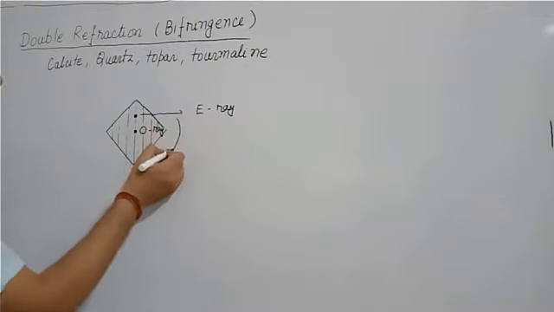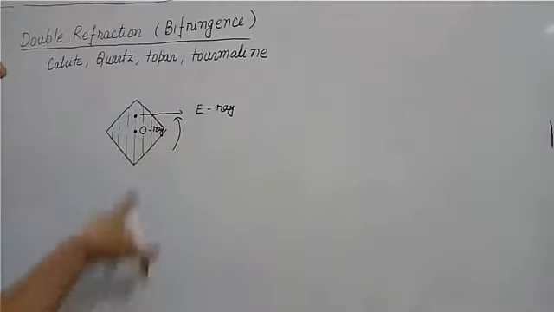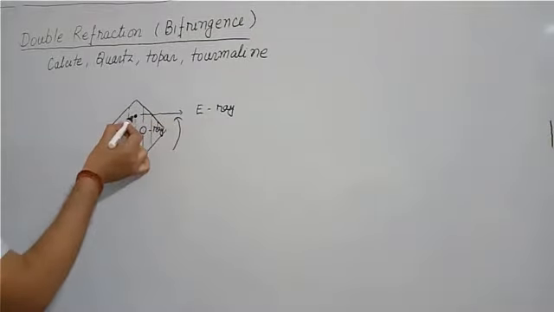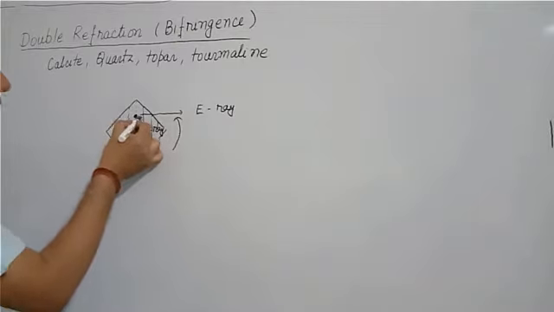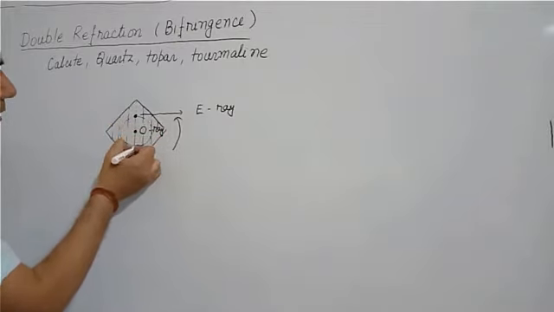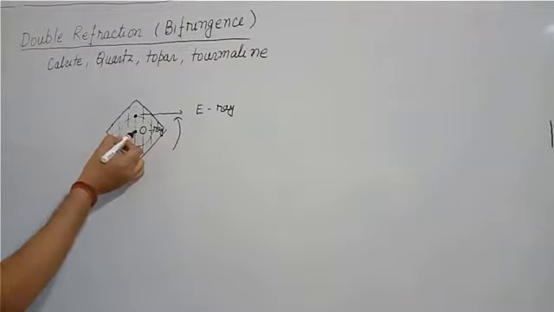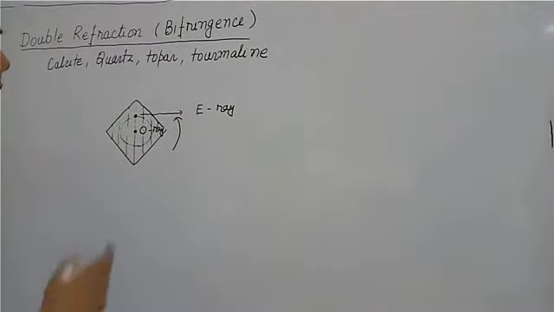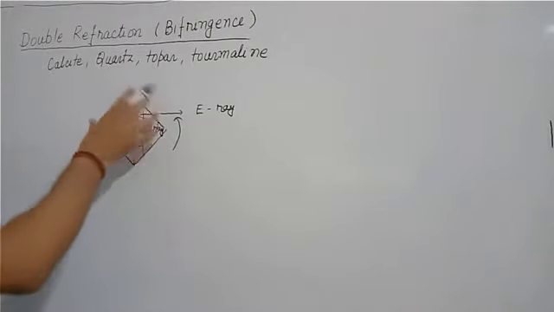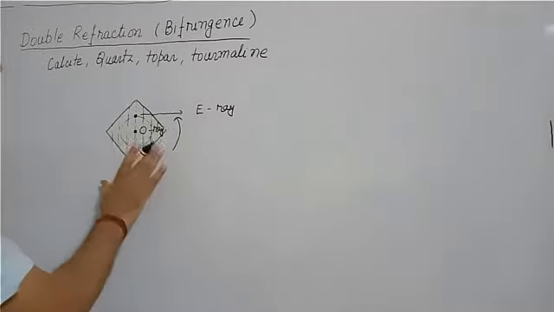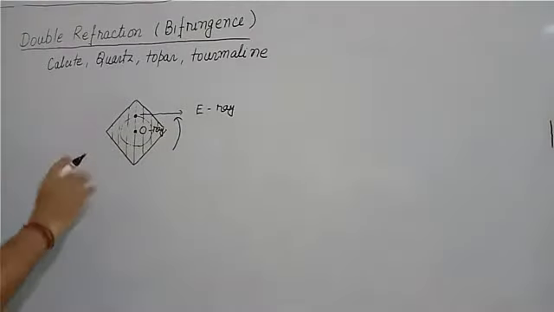And if we rotate this crystal, then you will find that this E ray will rotate around the O ray. The point corresponding to the O ray will be fixed, and the point corresponding to the E ray will rotate along with the rotation of this crystal. So this is the simplest way in which we can observe double refraction.